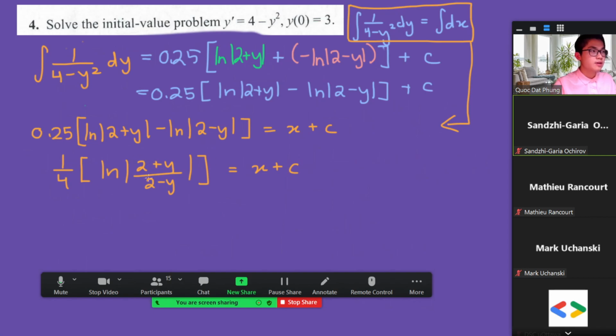So this comes from the fact that ln A minus ln B is equal to ln A over B. Don't forget that. Now we're going to multiply both sides by 4.